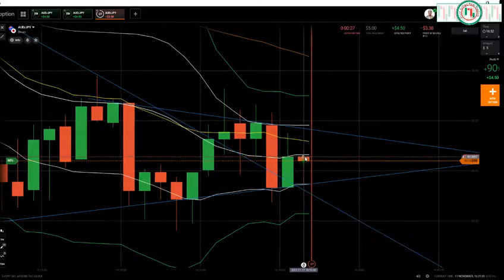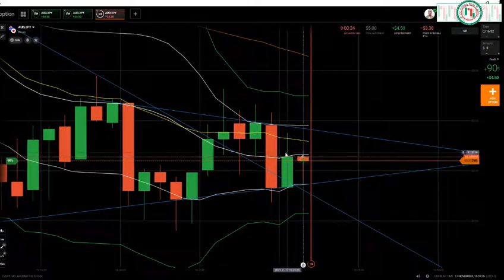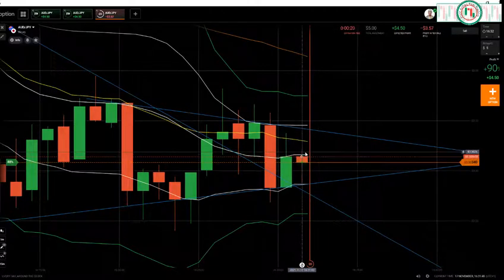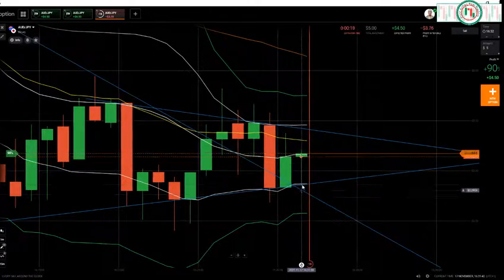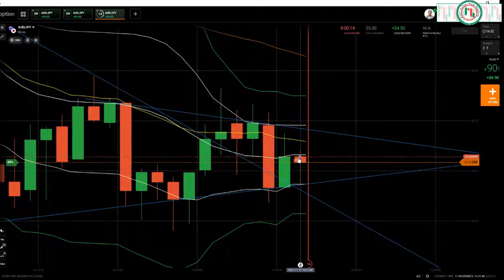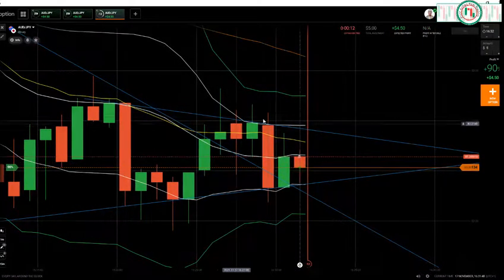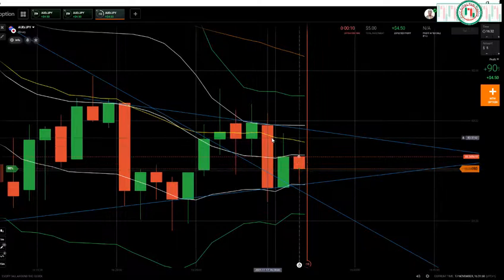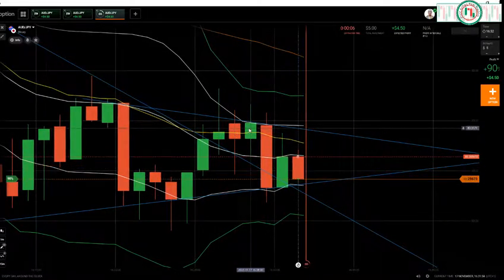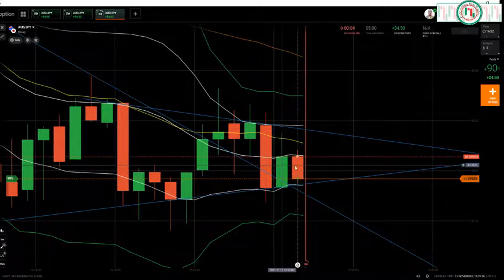It will not create a green candle from this level. At least it will create a weak red candle here. If I get an opportunity here, I will place my trade, and if I get an opportunity here, I will place my trade. Because of this triangle and the consolidation area, you see green, red, green, red, green, red.